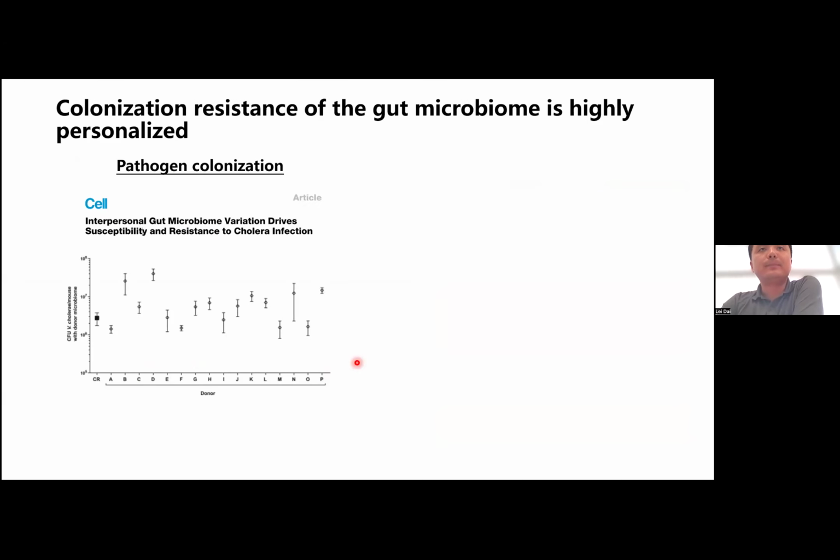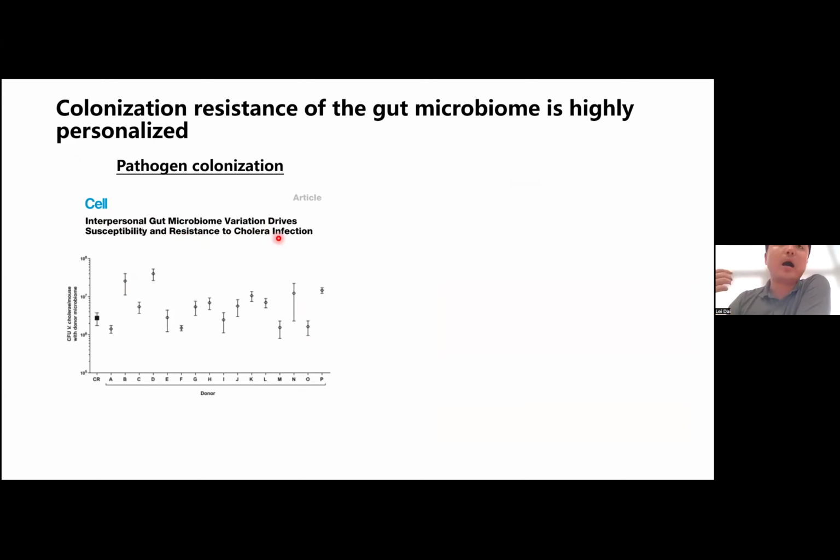For the human microbiome, there's a very interesting phenomenon, just like the individualized response to prebiotics: there's an individualized response to infection by pathogens. There's a Cell paper that found interpersonal variation in susceptibility to cholera infection.